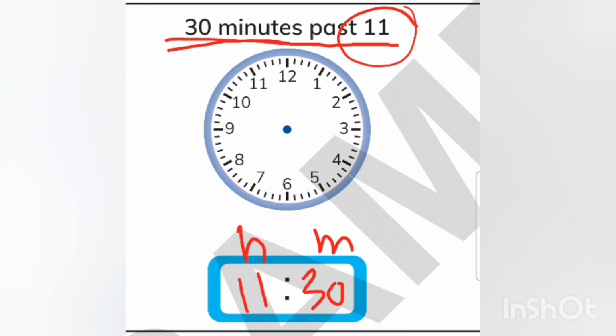So this is 11:30. It is very easy in digital. Now in analog, 11 is hours, so the small needle will go towards 11, but not exactly on 11; it will be between 11 and 12.